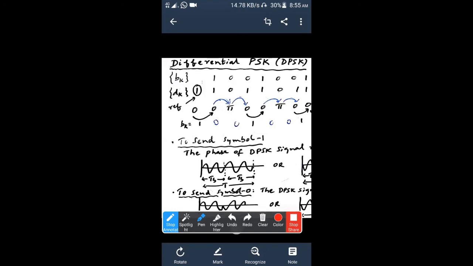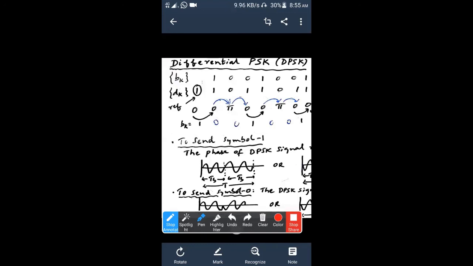What is differential encoding? Recall, when the information bit is 1, then the output is no change. That is 0, 0, 1, 1, 1, 1. So both are the same.